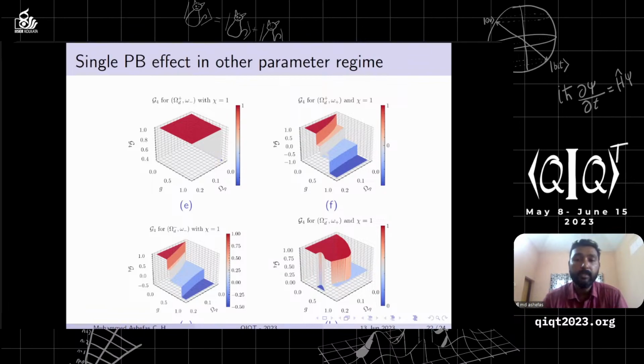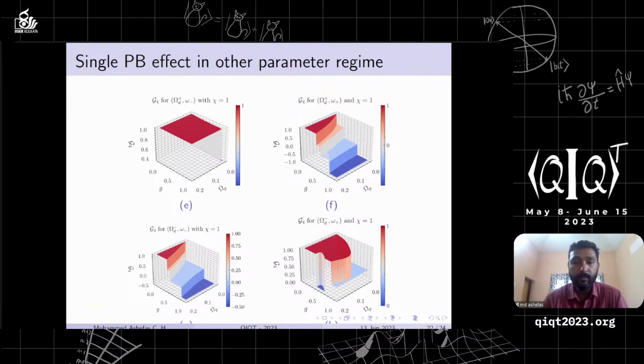So at least in some region we get the photon blockade effect. All this red region shows the possibility of a single photon blockade, and it happens only due to the presence of chi. If chi is 0, this region is not equal to 1, and there is no possible photon blockade effect in most of the cases.